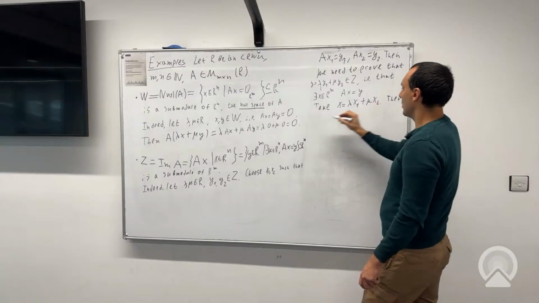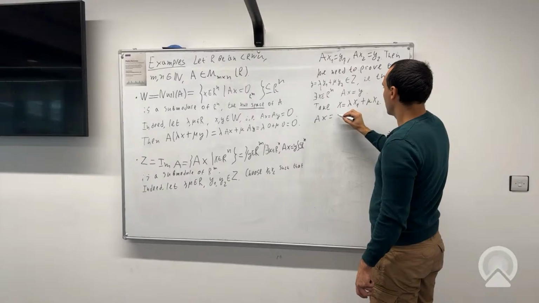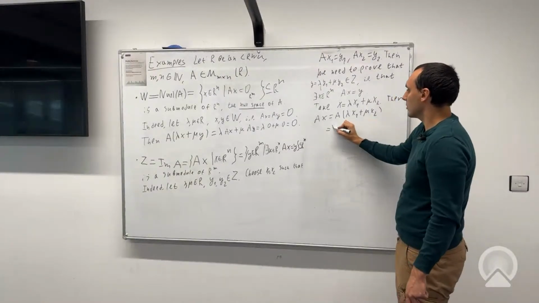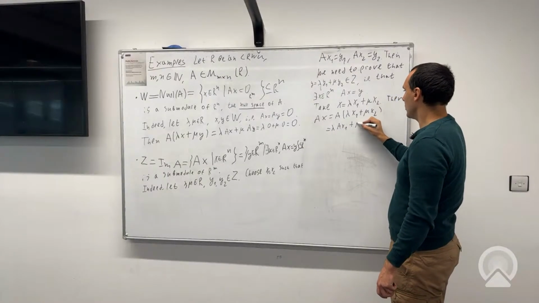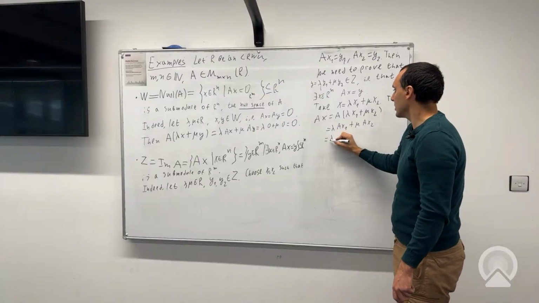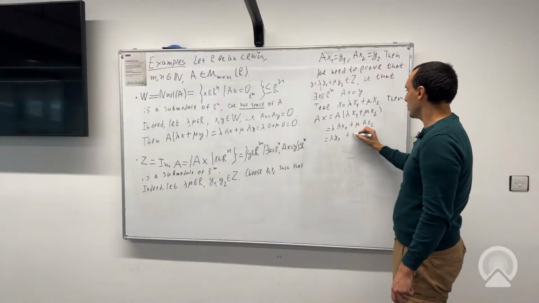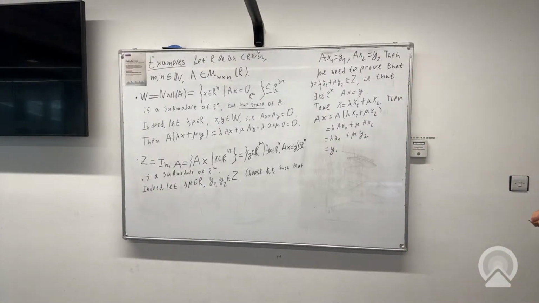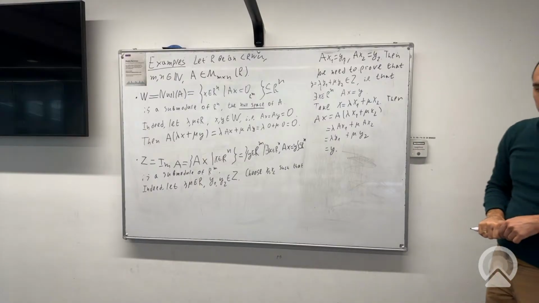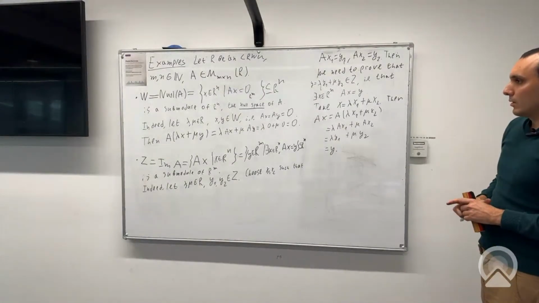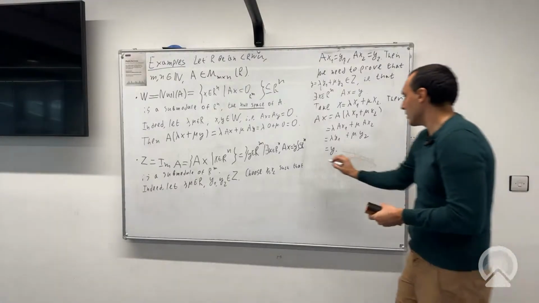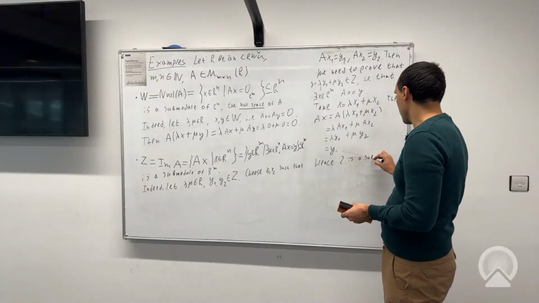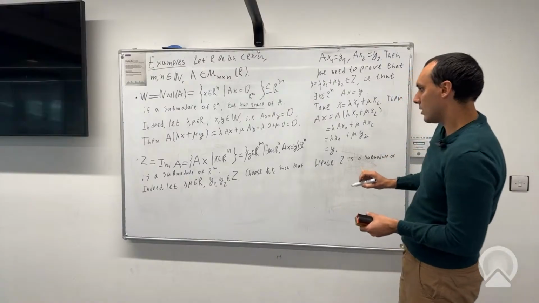Then Ax is this thing here, and we expand by linearity, so this is lambda Ax1 plus mu Ax2, which is lambda y1 plus mu y2, which is y. Okay. And hence Z is a submodule of M.